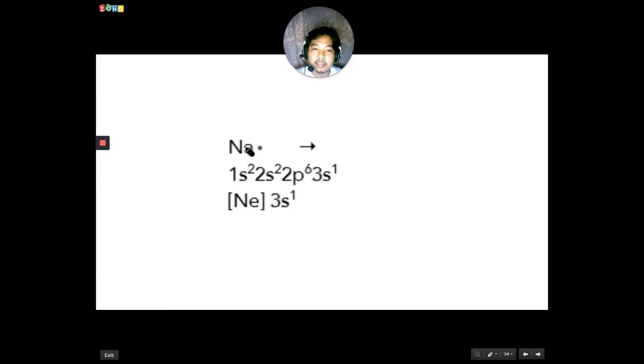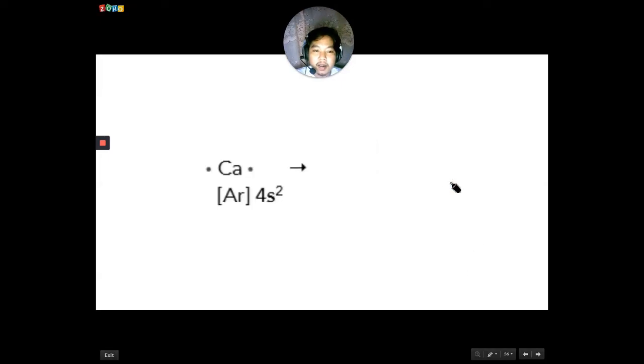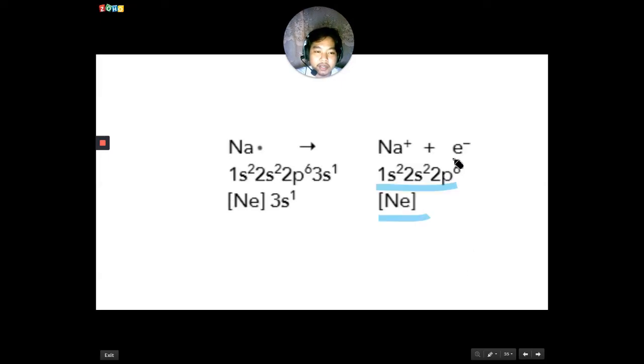What about this? Sodium, same, 1 electron. This becomes Na plus another electron, having the electron configuration of neon. Octet rule, it has 8 valence electrons. Again, if you're shocked by electron configuration, we will elaborate on this in a separate topic.